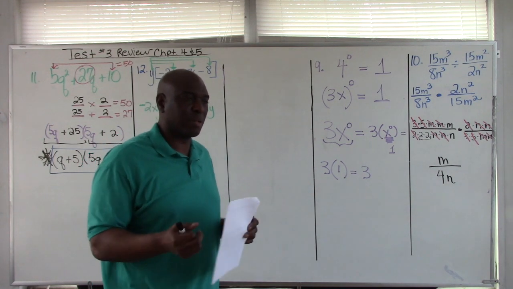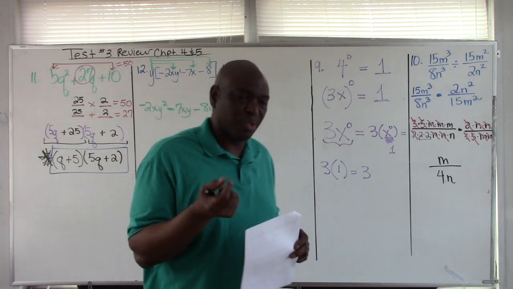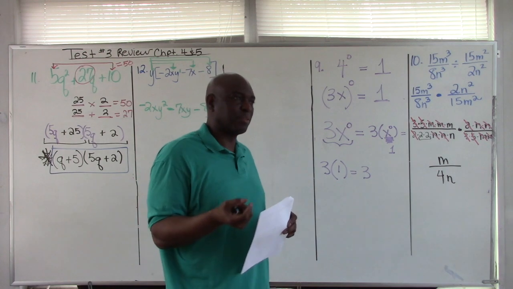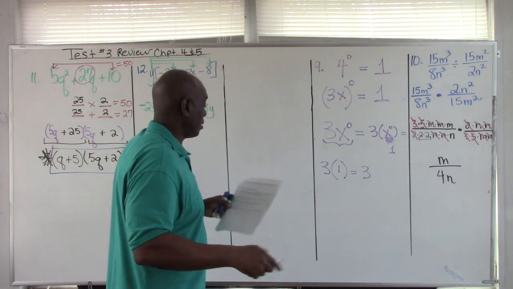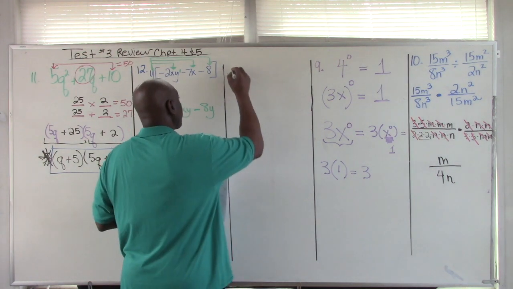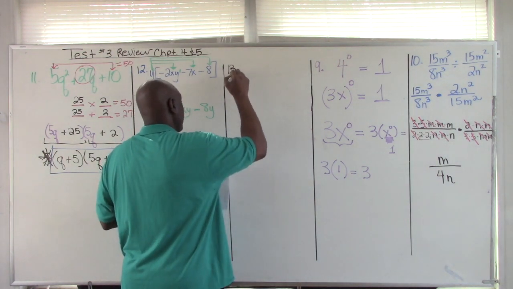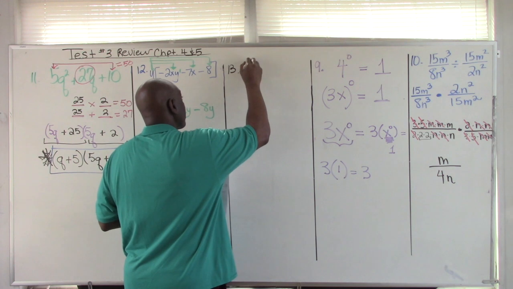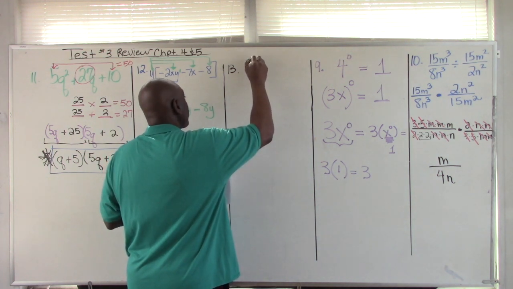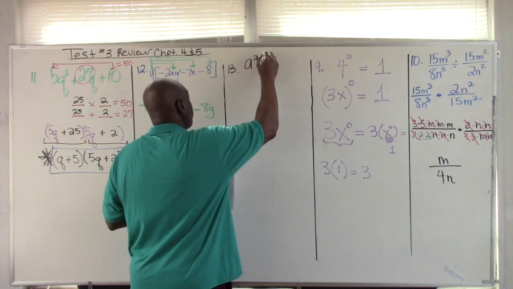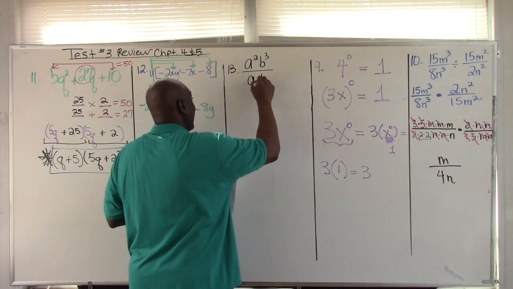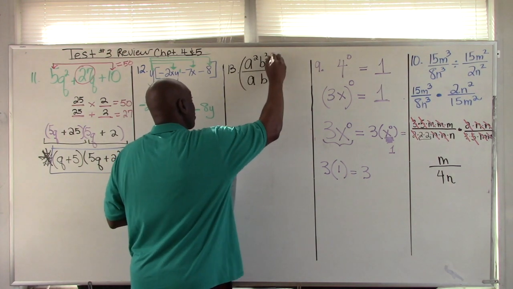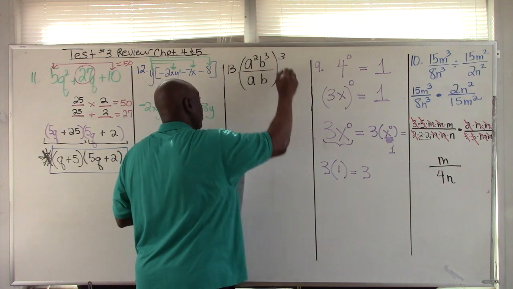Because some of these problems, they repeat themselves. 13 is just like number 1. So now we get into that whole repeat kind of a thing here. So 13 is a squared b cubed over ab, and this quantity is cubed.